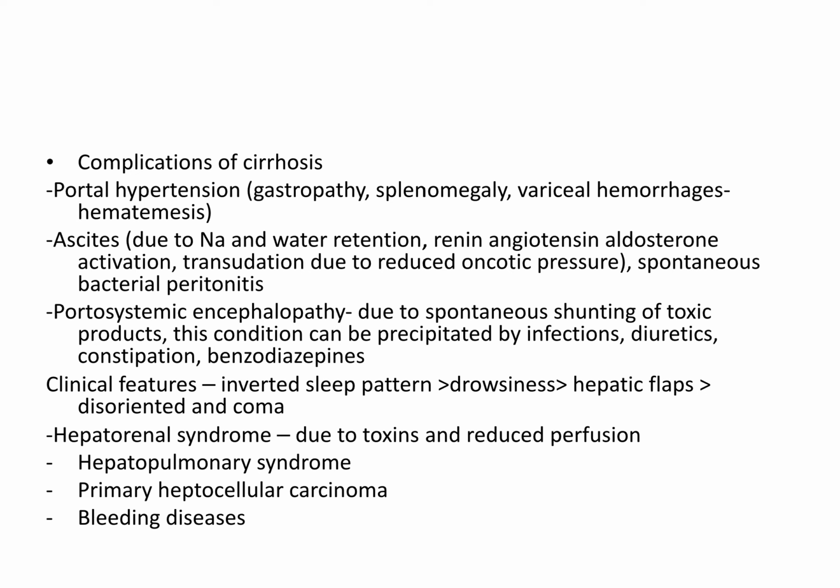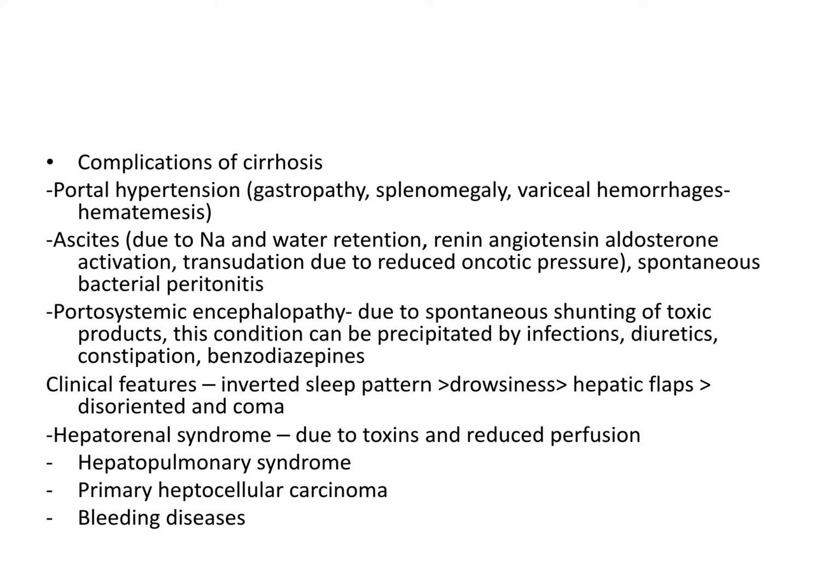Then we have to inquire about the complications of cirrhosis as well, because that is important for further treatment as well as the investigations we are about to perform in this patient. The main complication is portal hypertension, so they will complain of hematemesis and gastropathy, and splenomegaly features; we have to ask about those.